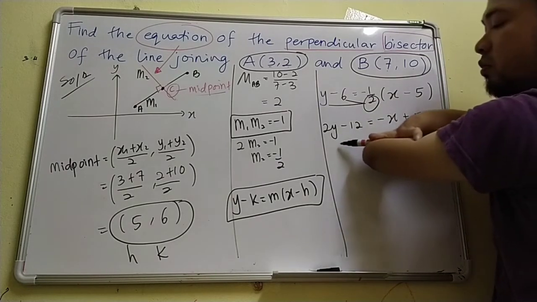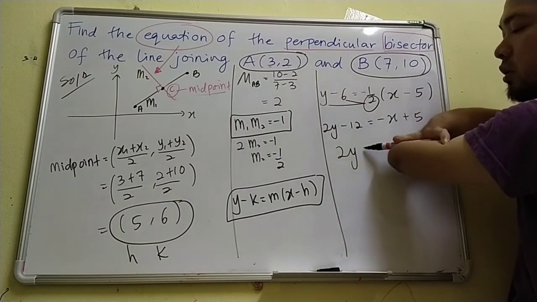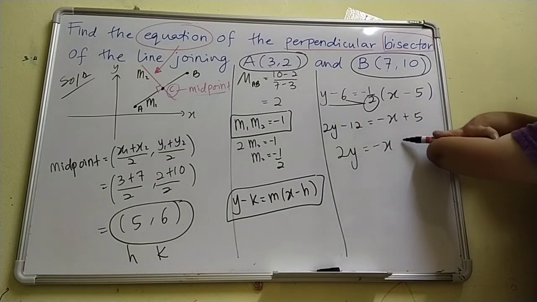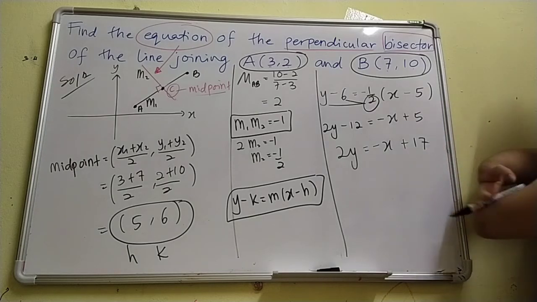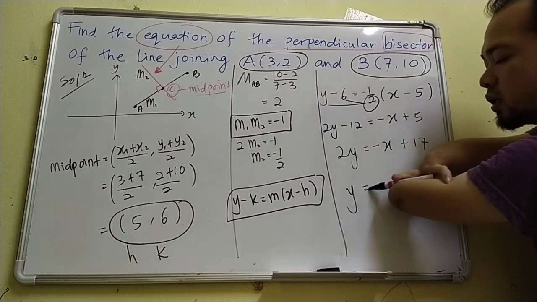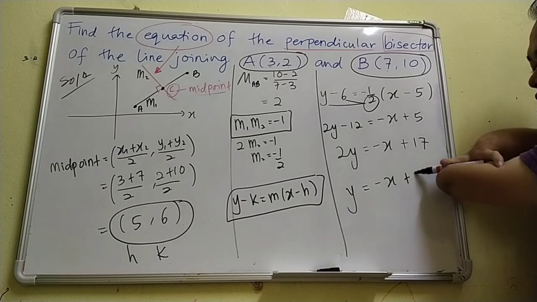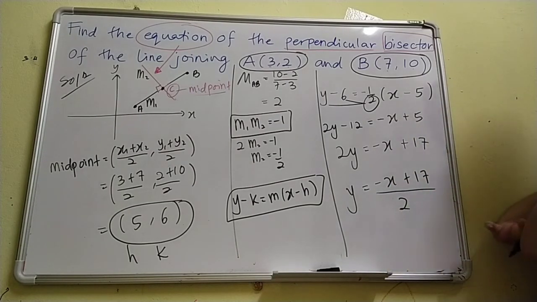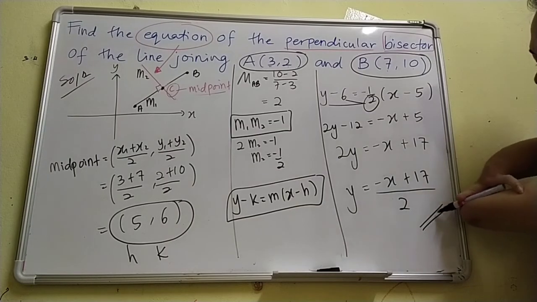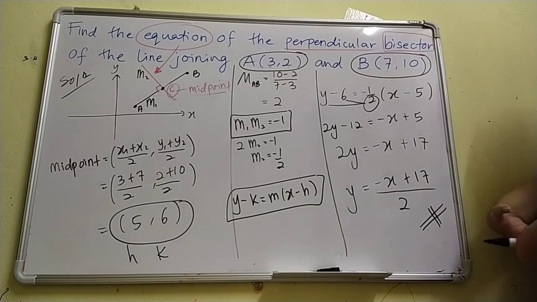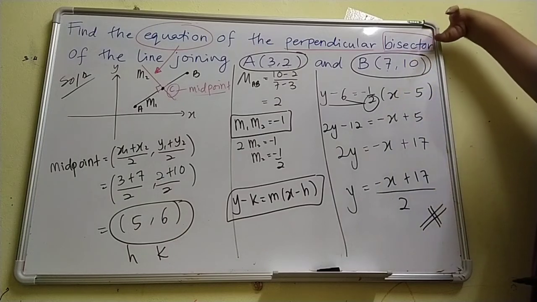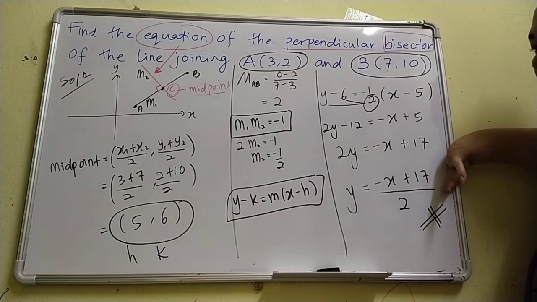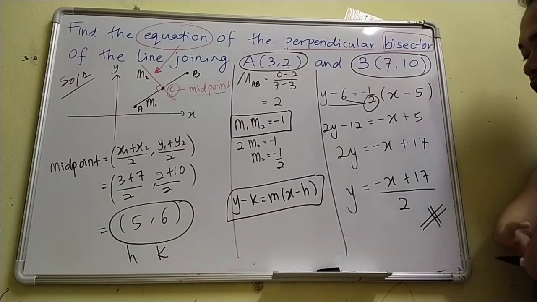Rearrange: 2y is equal to negative x plus 5 plus 12, so plus 17. So y is equal to (negative x plus 17) divided by 2. This is our straight line equation of the perpendicular bisector, in terms of y as the subject. Clear? Any question you can ask.